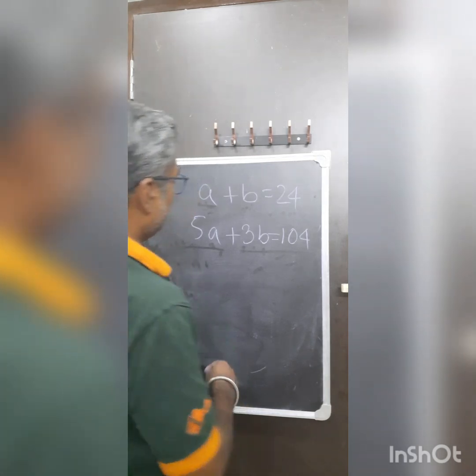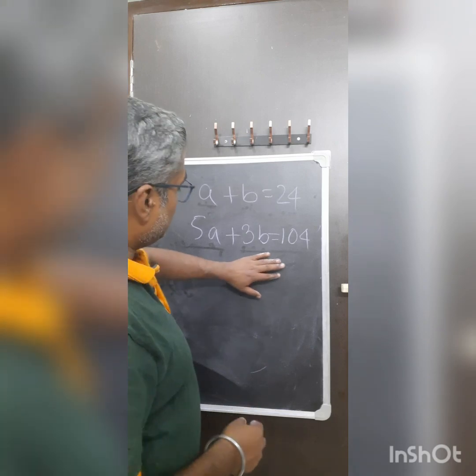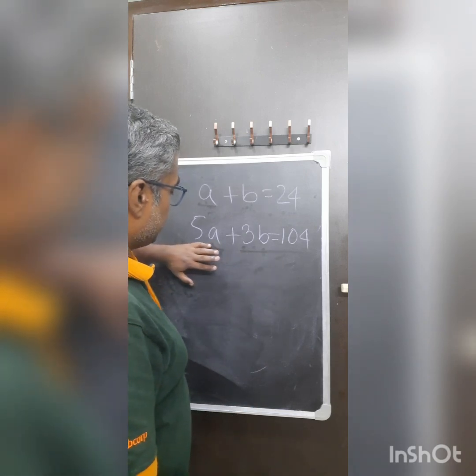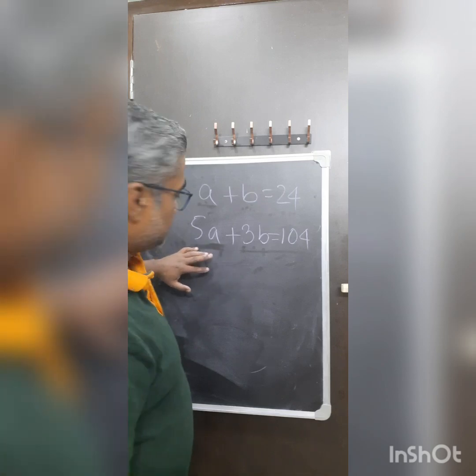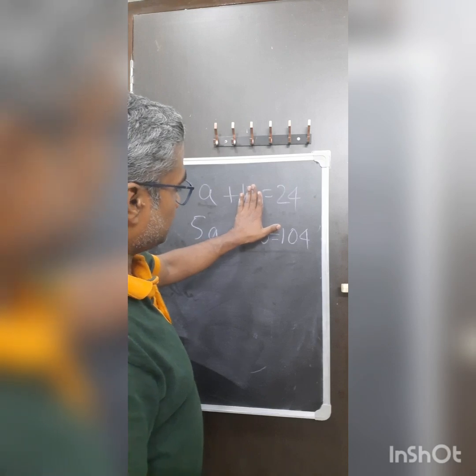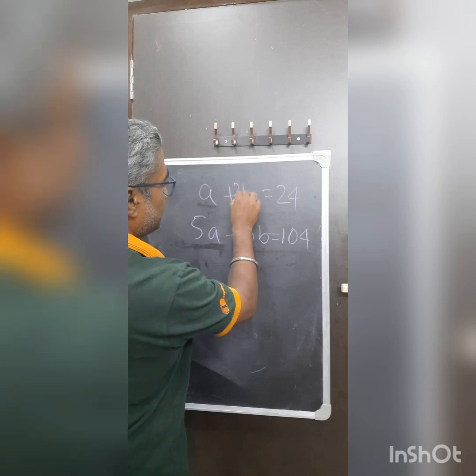So if I solve it, these are the two equations. The requirement is to calculate the number of questions carrying 5 marks, so I want to eliminate B because it is not the requirement. To eliminate it, I have to multiply the first equation by 3.